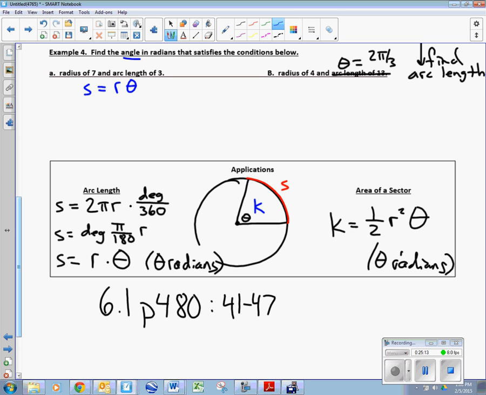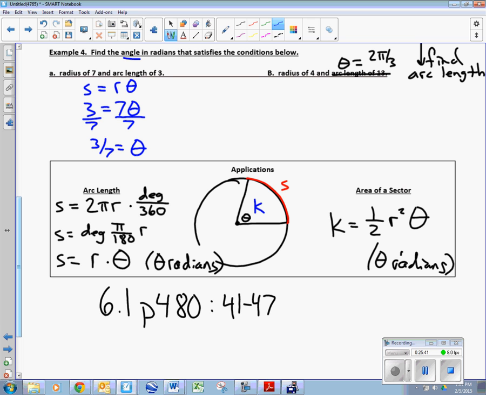Do you know S? What is it? 3 equals... do we know r? Divide by it, and you get 3 over 7 is equal to theta. Is that radians or degrees? That's radians. So a radian measurement of 3/7.